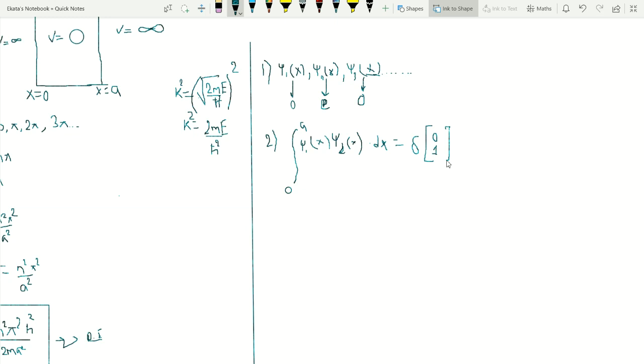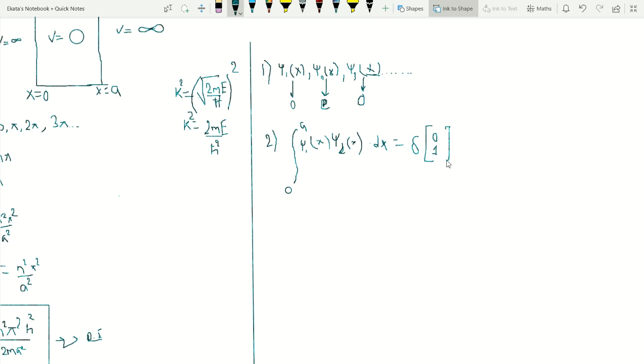If m is equal to n, the value is 1. If m is not equal to n, the value is 0. So they all are orthonormal with each other, like the x-axis, y-axis, and z-axis are orthonormal with each other. If we integrate from 0 to a, it will give us the value 0 or 1 depending upon their subscripts.